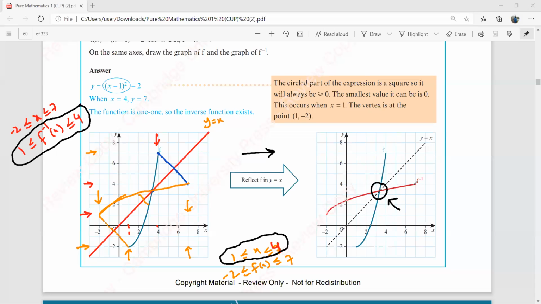And you have to clearly show at least one point. Like you must mention that this point is 4 comma 7 and now this point is 7 comma 4. Or even you can mention this point over here. This point is 1 comma minus 2 on the function, and this point is minus 2 comma 1.